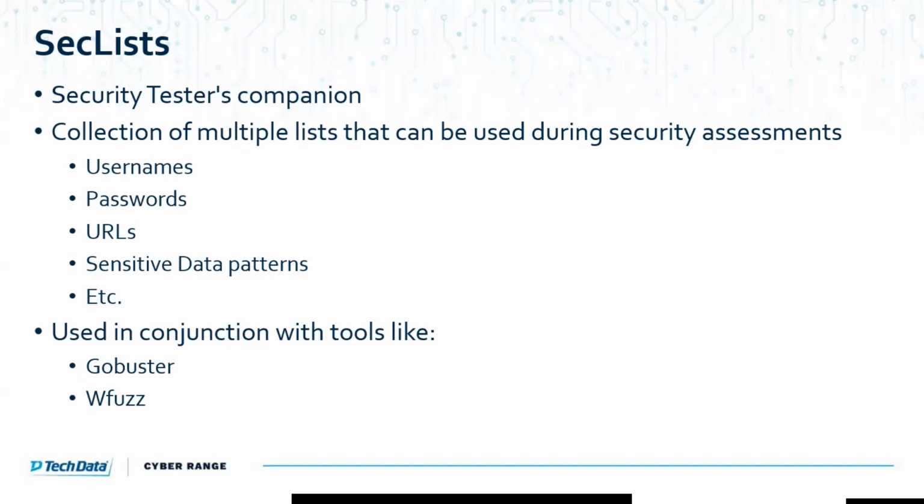Also information around sensitive data parameters or sensitive data patterns. It can also include those different directories in web applications. It's a really great project to use in conjunction with tools like GoBuster and WFuzz.